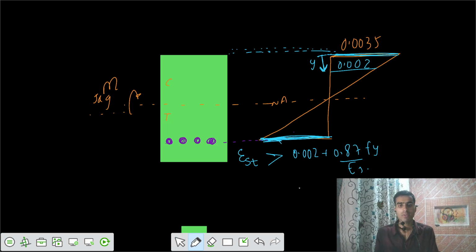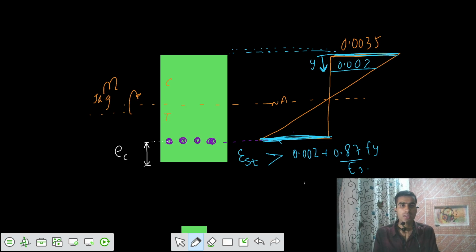And there is some depth here, which we call the effective depth. This distance is up to the center of those bars, and from the bottom side I would call this the effective cover.